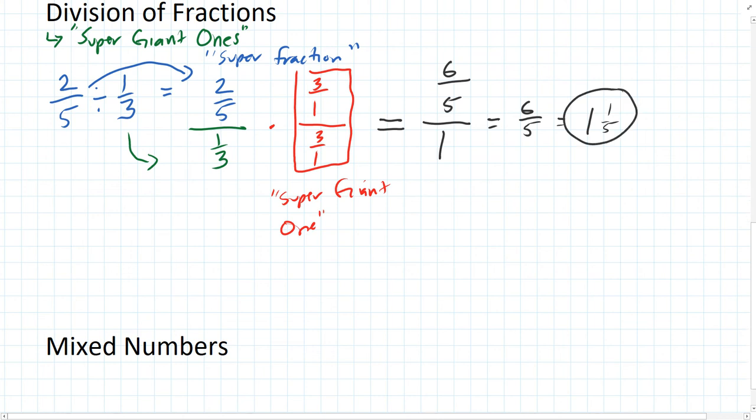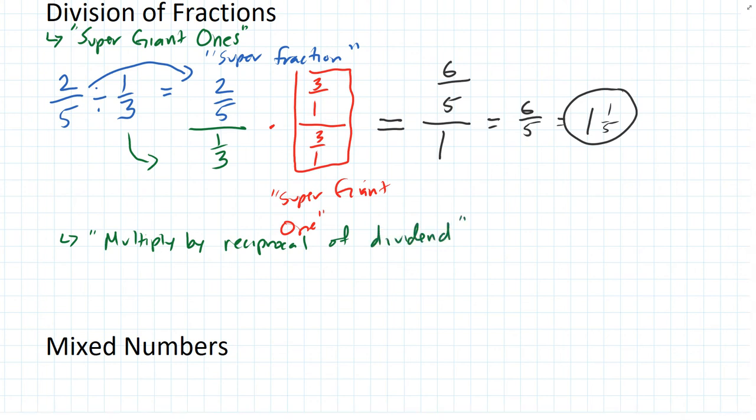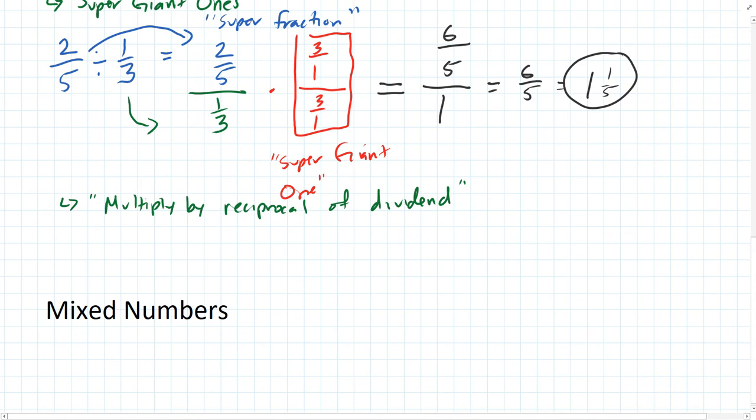Okay. Many of you guys also remember that when you divide fractions, you could just multiply by the reciprocal of the dividend. So looking at the same expression, 2/5 divided by 1/3, a lot of us realize that here in this supergiant 1 strategy, we're really just switching the division to multiplication.